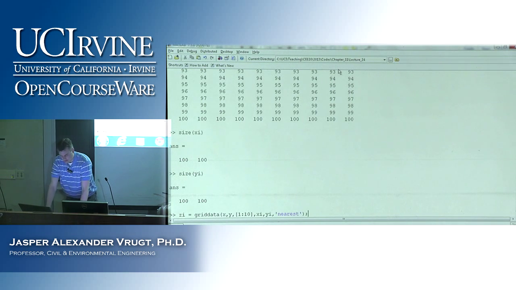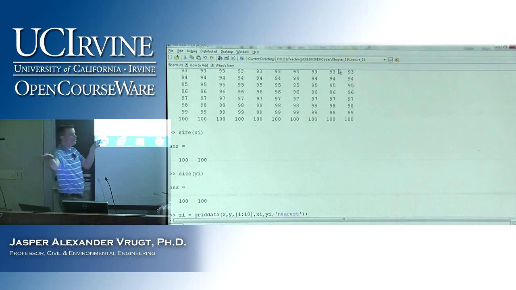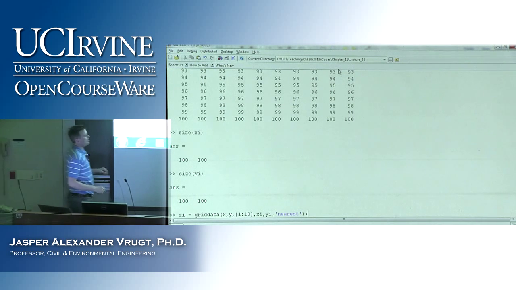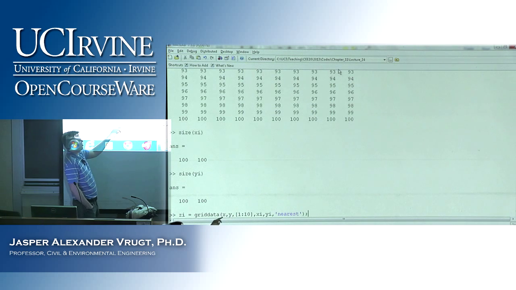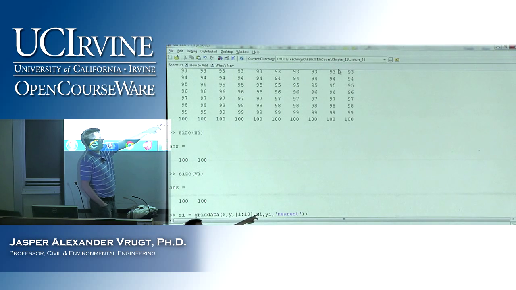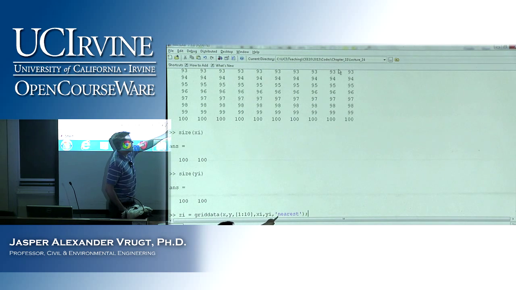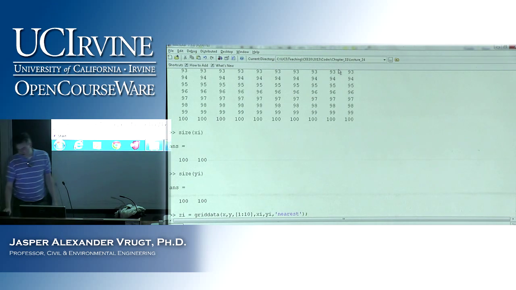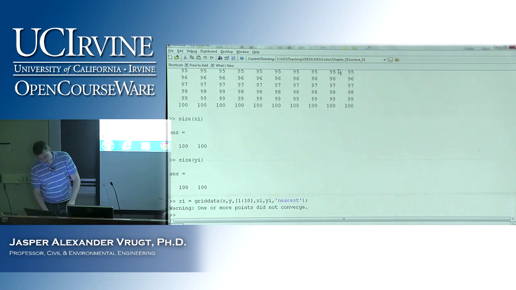Now I use this option griddata, which I allude to in the PDF, where I say, I have my original X and Y locations. The first row of X and Y is soil type 1, the second row is soil type 2, the last row is soil type 10. And I want to interpolate that to Xi and Yi, and for that I want to use nearest neighbor interpolation. So now MATLAB gives us an estimate, and let's see what happens.